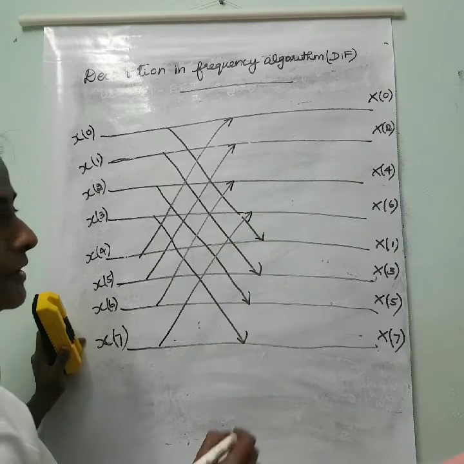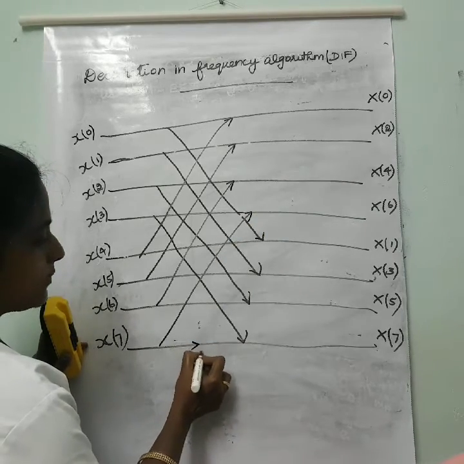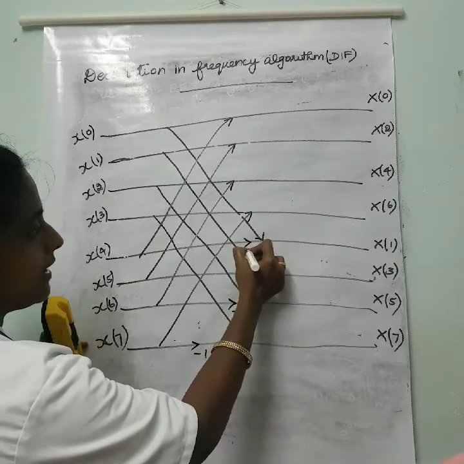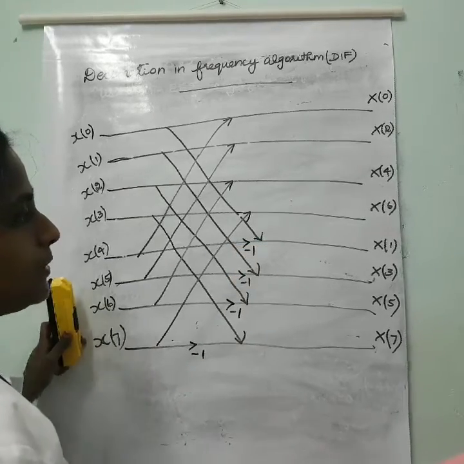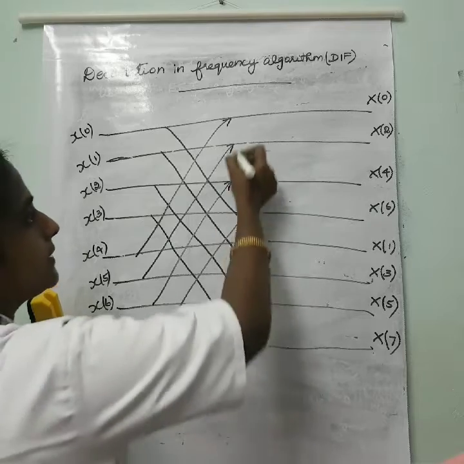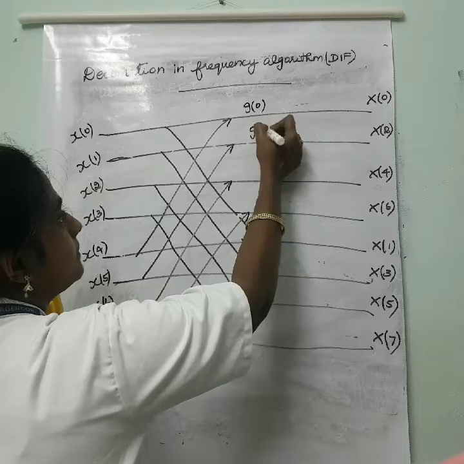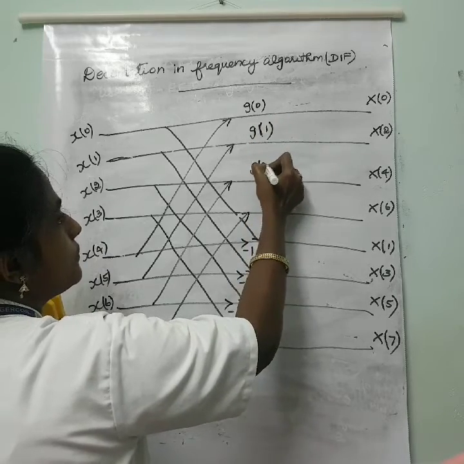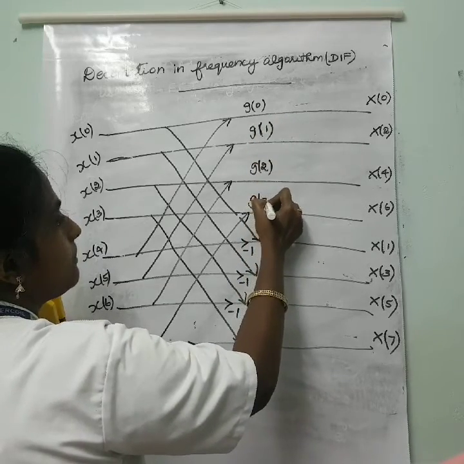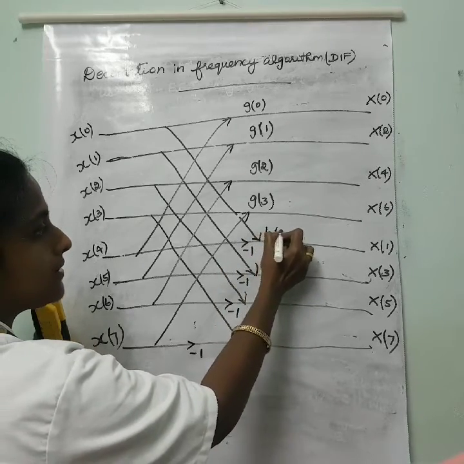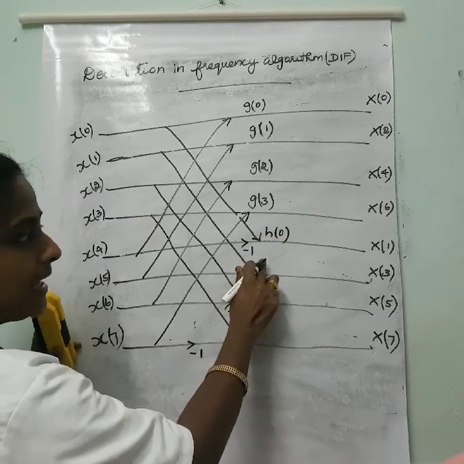Now you will always get minus 1 on the last 4 lines, and these will be h of 0, h of 1, h of 2, h of 3, because our equation for h contains a minus value.